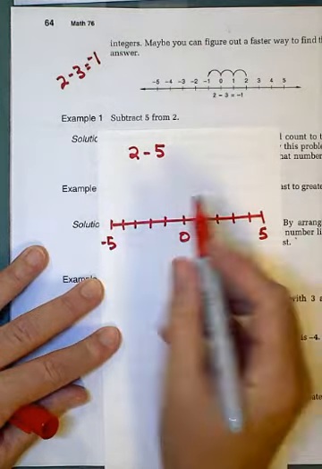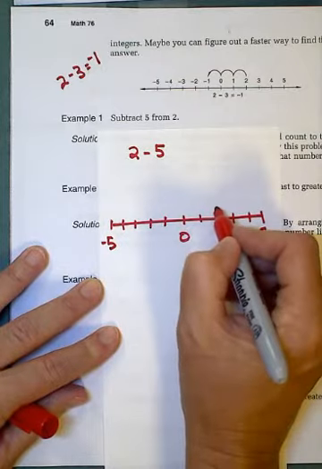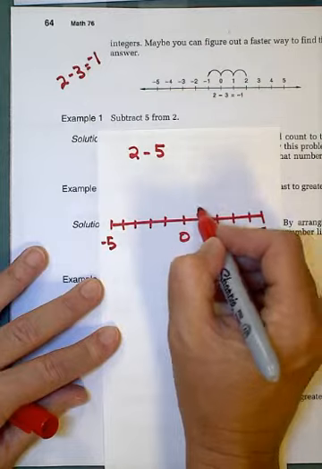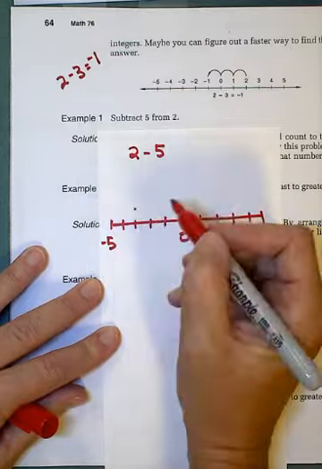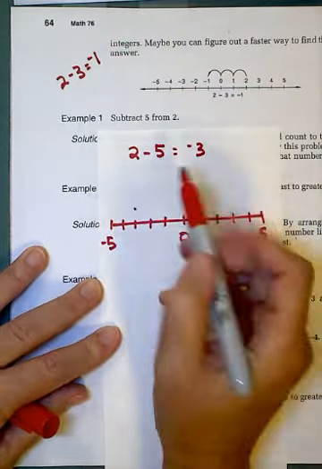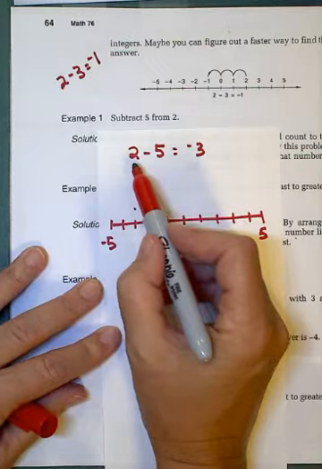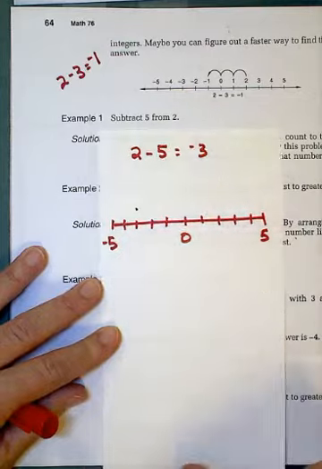If I started at 2, which is here, and then went back 5, I'm subtracting 5, I need to move to the left, 1, 2, 3, 4, 5, I see that I end up at -3. Therefore, we say that the answer to 2 minus 5 is -3.